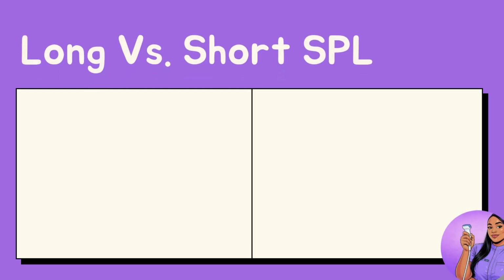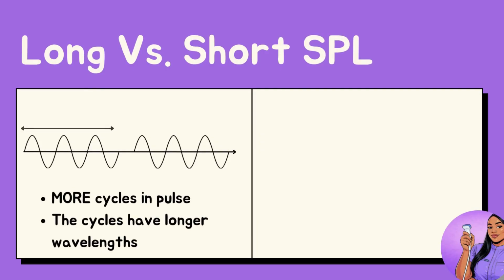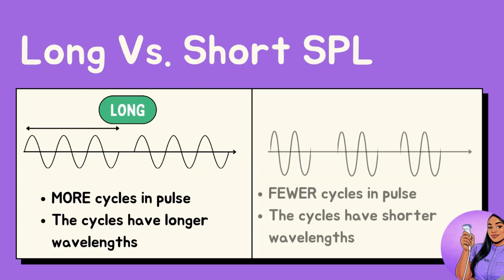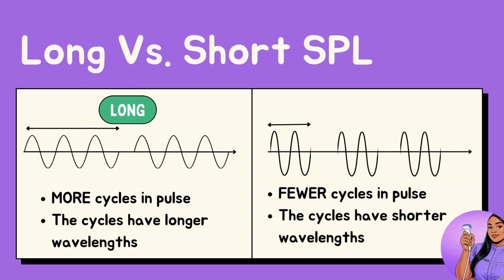So, more cycles or longer wavelengths equals a longer SPL, and fewer cycles or shorter wavelengths equals a shorter SPL. And we always want a shorter SPL because shorter pulses give cleaner, separate echoes.